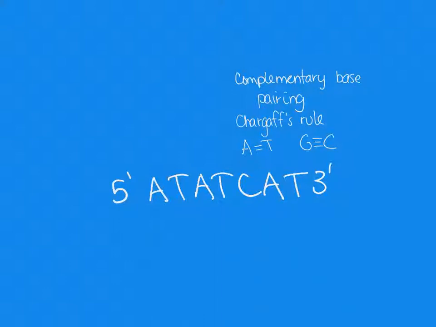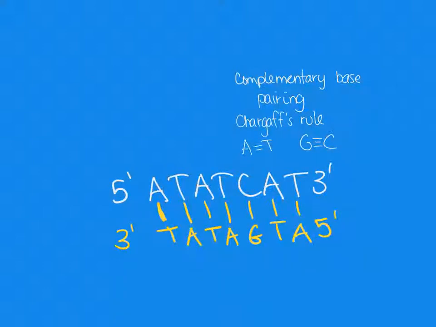What would it start with? Which carbon? The 3 prime, because remember they run opposite each other. So it's going to be 3 prime, and then what's going to line up with the A? And then 5 prime, right? So that would be your complementary base strand.